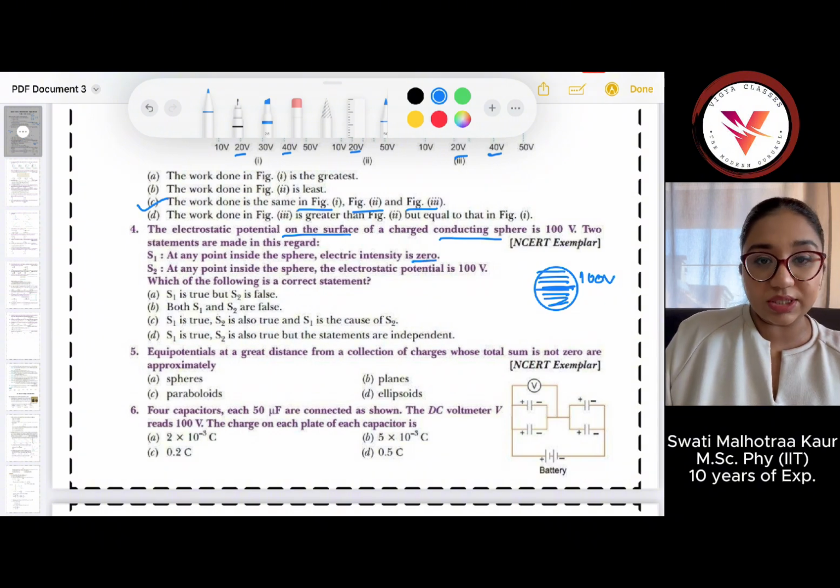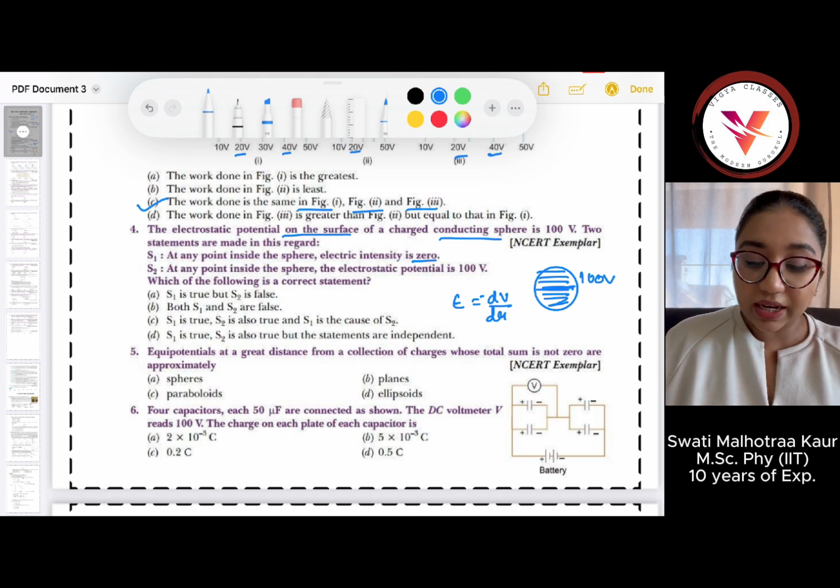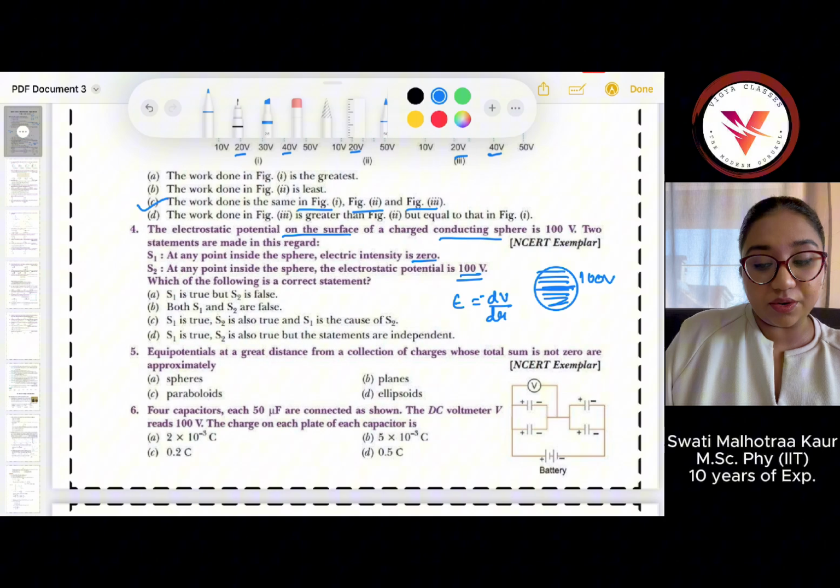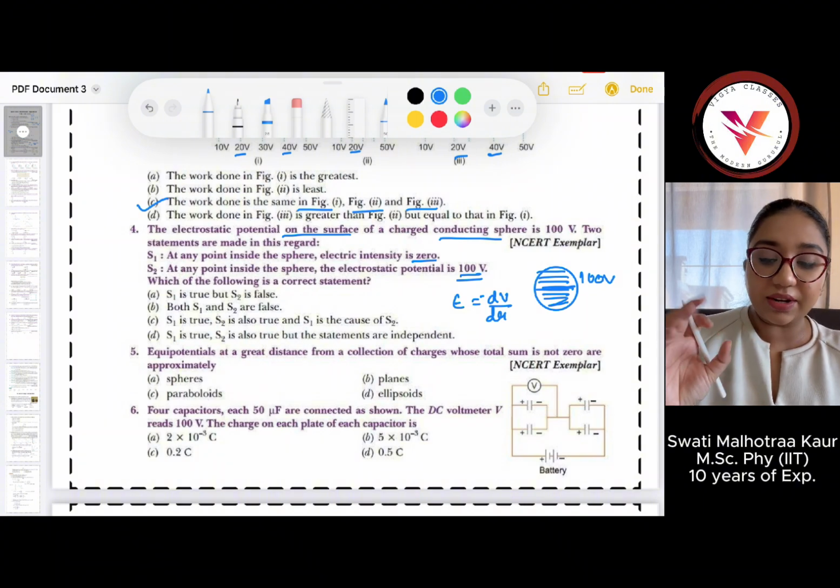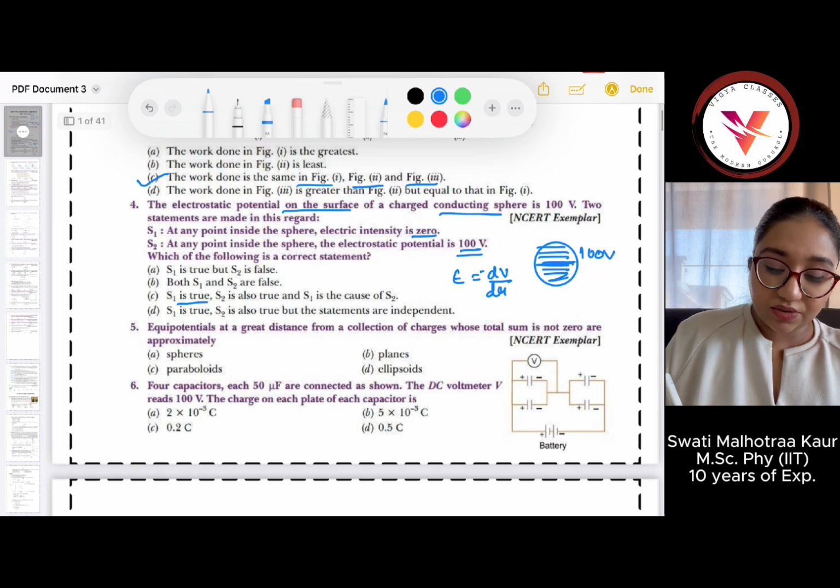Yes, because potential is constant, and you know E is equal to minus dV by dr. So if V is constant, then its derivative is 0. At any point inside the sphere, the electric potential is 100 volt. Yes, so it is 100 volt everywhere. That means it's constant, so its electric intensity is 0. So S1 is true, S2 is also true, and S1 is the cause of S2.